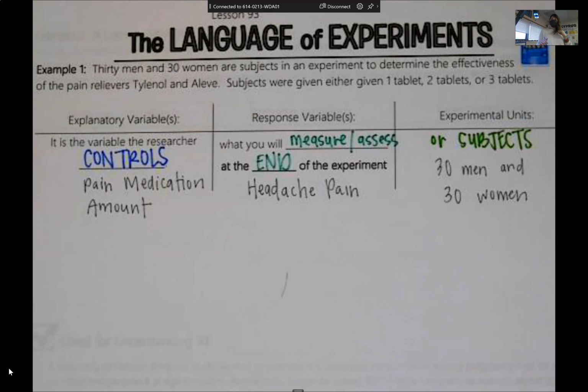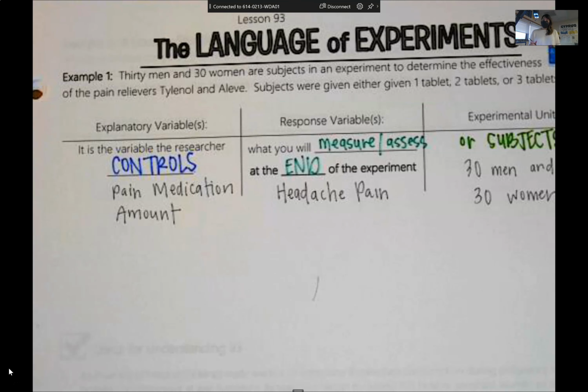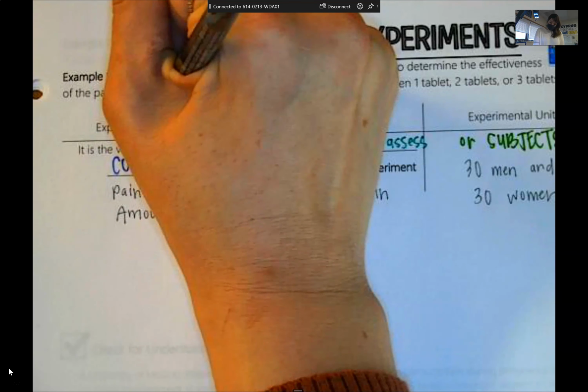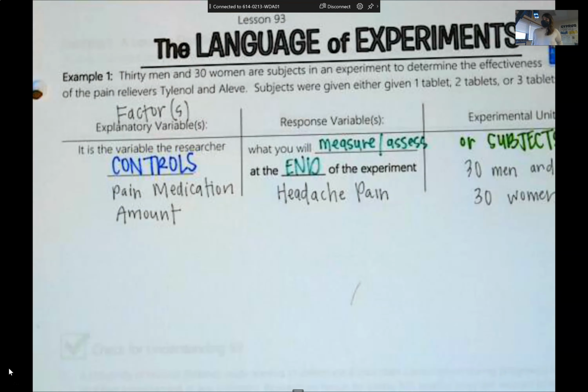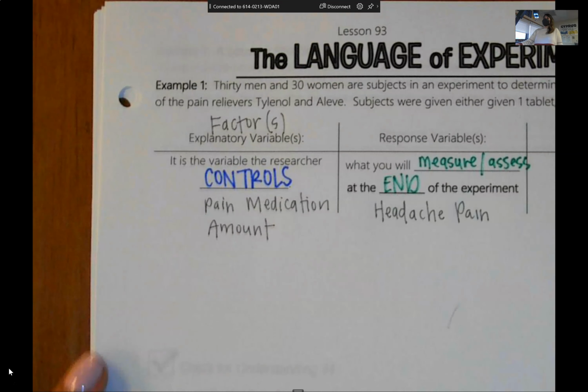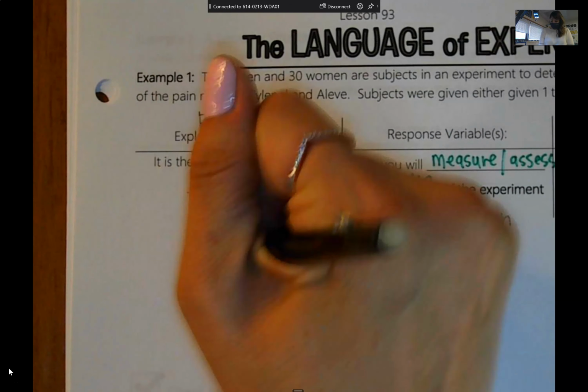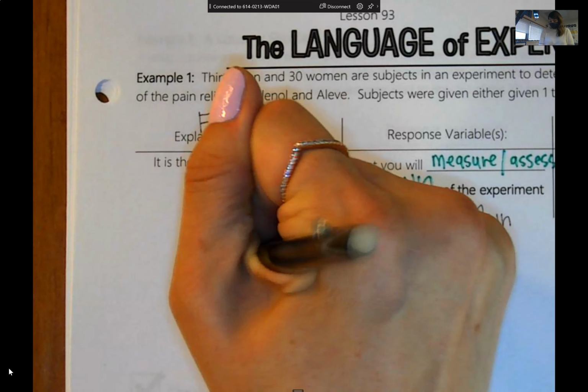Now we're going to add on some more descriptors of the explanatory variable. So often the explanatory variable is also called the factor or factors. So these are also referred to as factors. So in this case, we have 2 factors.